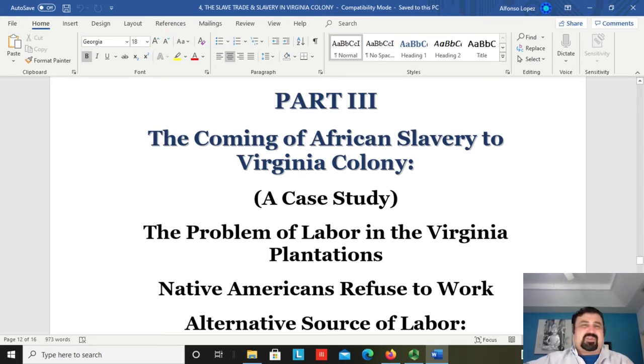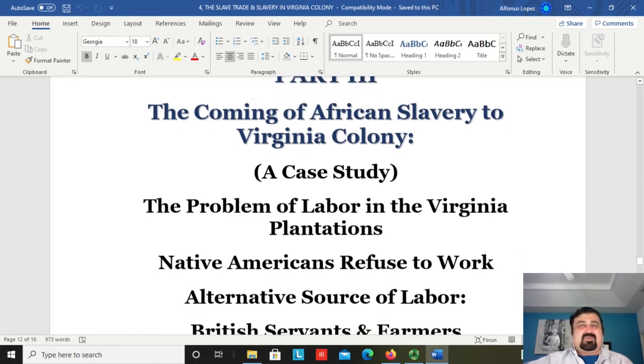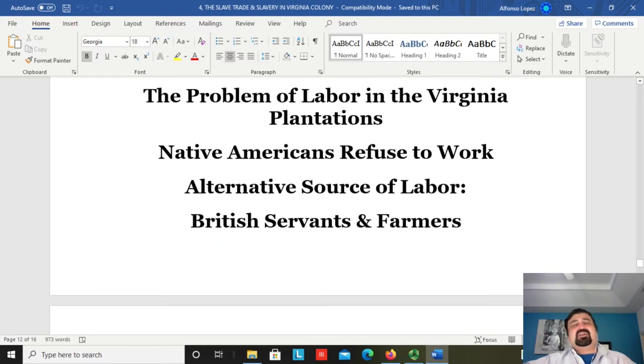So it's a good case study for understanding, again, why there was a decision to adopt the system of labor. It's a labor system, by the way, and we have to go back to understand that decision, to understand the reasons why the Virginians adopted it, because we have to go back to the very beginning of the colony in the early 1600s.